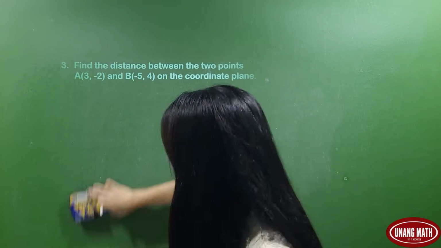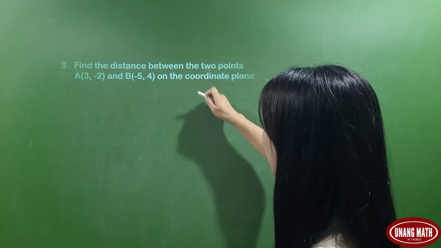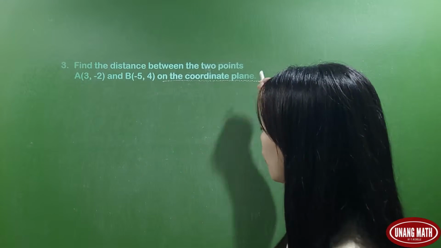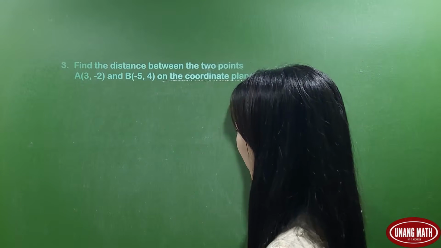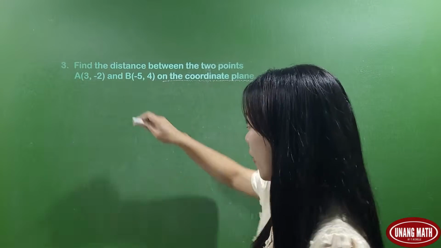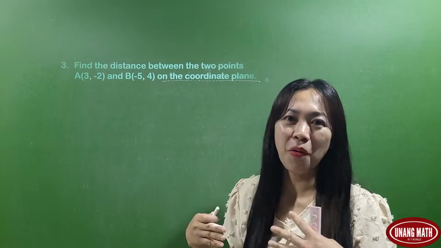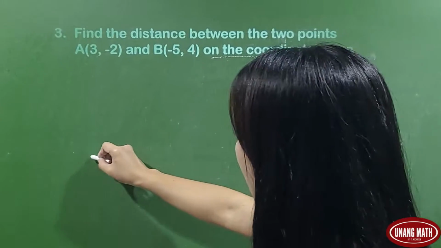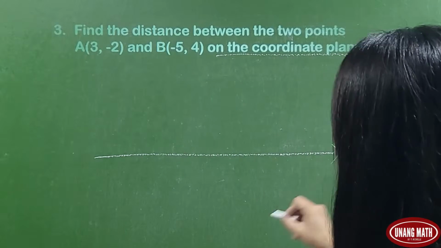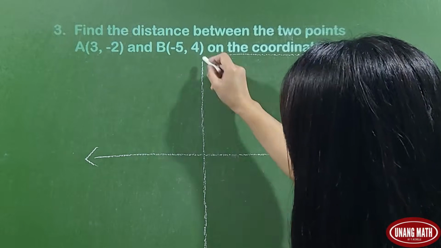So in order for us to picture this distance, we're going to draw a coordinate plane, and we have to indicate where these points are on the coordinate plane. So this is our x-axis and y-axis.